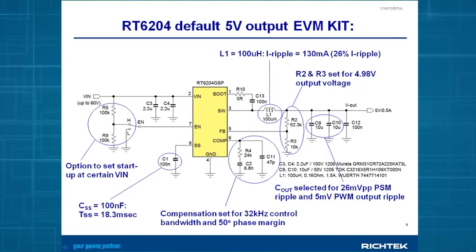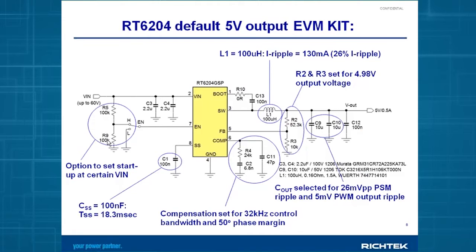You can see that the enable pin has 2 resistors. They are currently selected to have an immediate startup when the input voltage rises above 3 volts, or basically above the UVLO point of the input voltage. But by changing the R5-R9 ratio, you can make the converter start up at a certain input voltage.